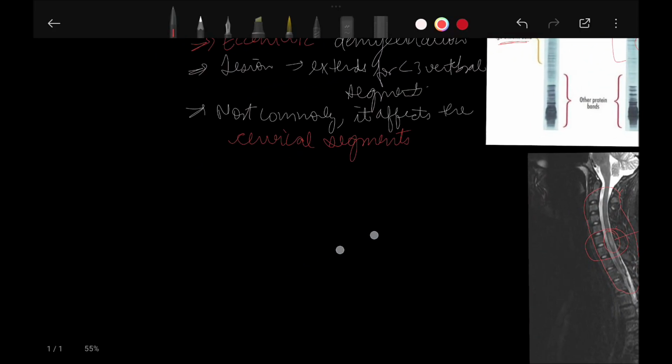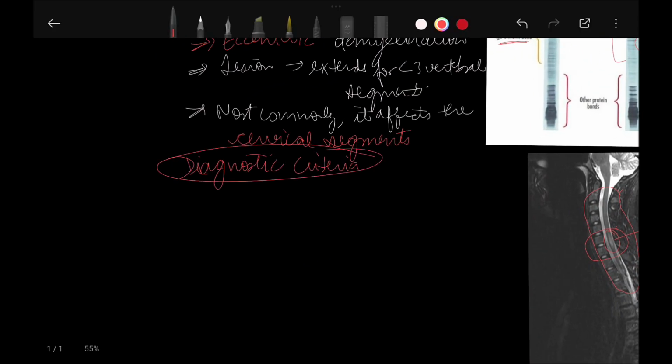After this, what is the diagnostic criteria? According to the 2017 revision of McDonald's criteria, it is seen in multiple sclerosis.